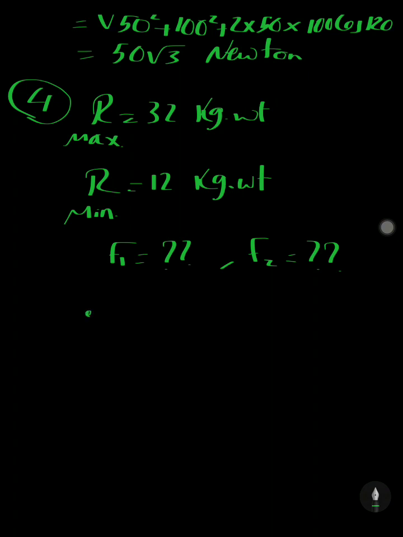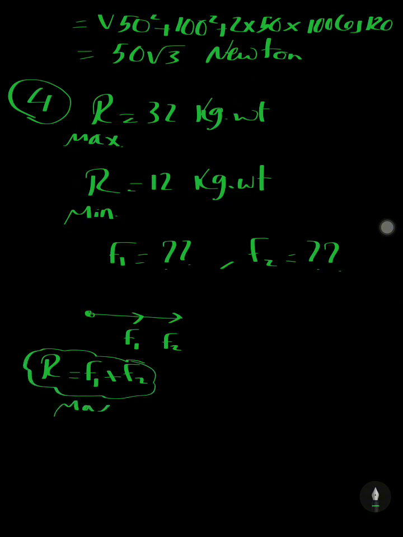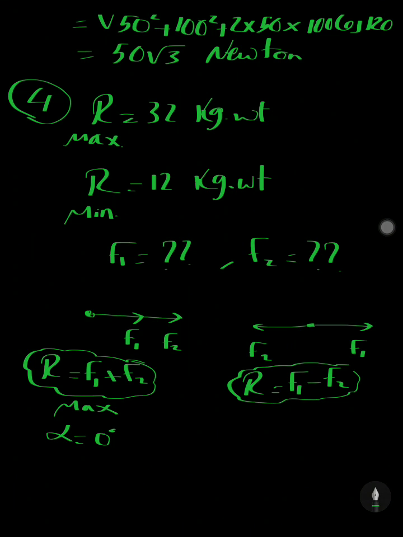We said before, if the two forces have the same direction, then the resultant equals F1 plus F2. In this case, the resultant has maximum value and alpha equals 0 degree. If the two forces act in opposite directions, then the resultant equals F1 minus F2 or F2 minus F1, greater force minus smaller force.